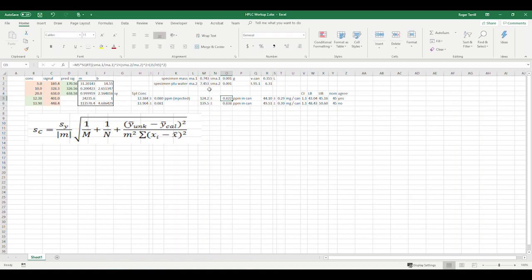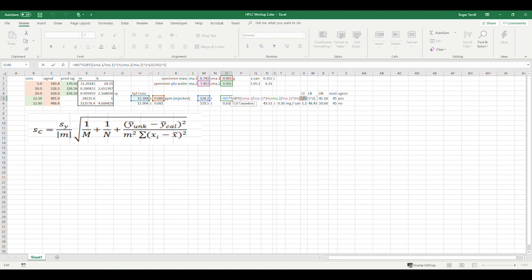So now lastly here, we've got to do the uncertainty in that undiluted specimen. So there's three terms here. There's SMA1 over MA1, SMA2 over MA2, and J5 over H5, which is just the uncertainty in the sample concentration over the sample concentration.